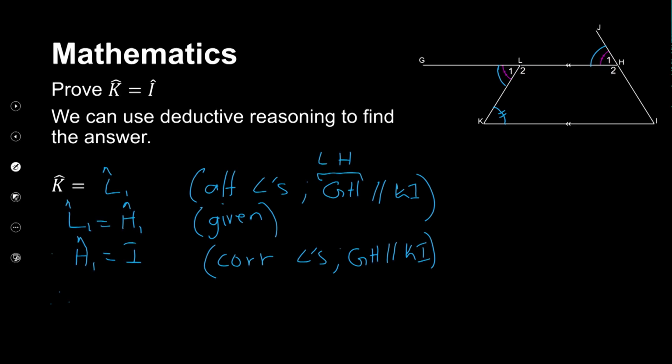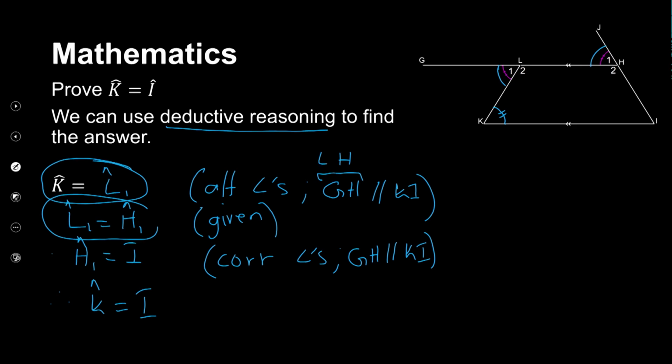Then I can now say safely K is equal to I, right? And my reason for this will be because they are both equal to H1, which is what we initially spoke about. But you wouldn't really need to write that reason here, because you would have used the deductive reasoning of, I started with the first statement, I know this, alternate.